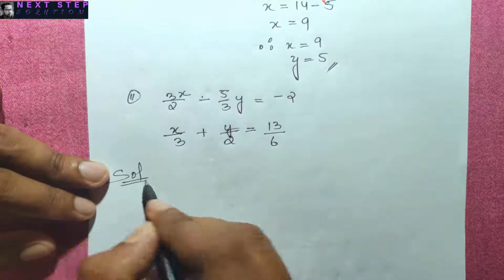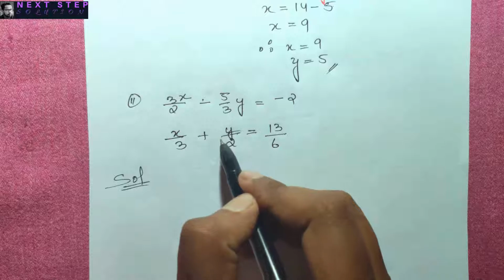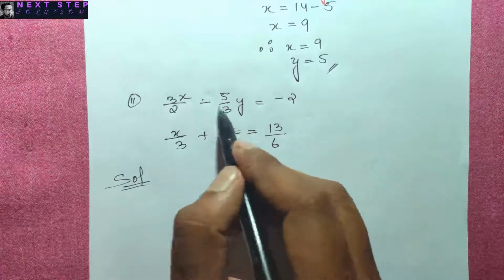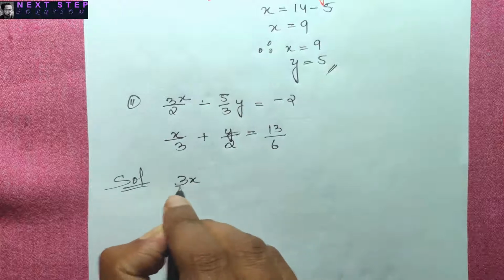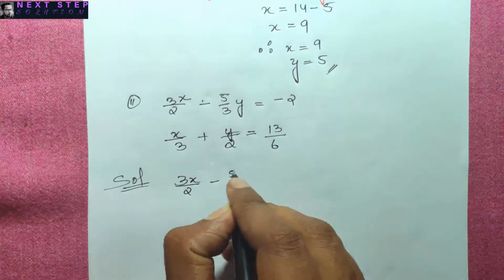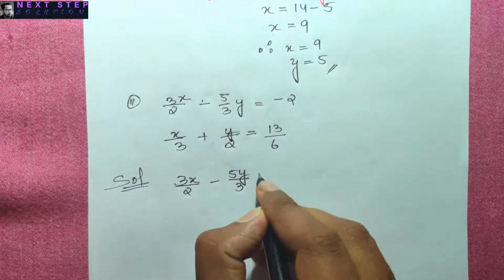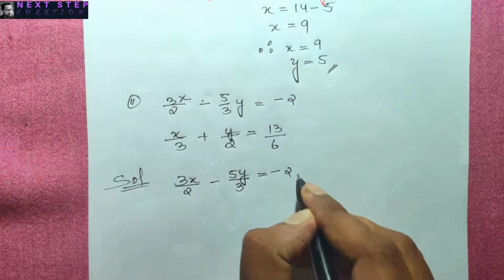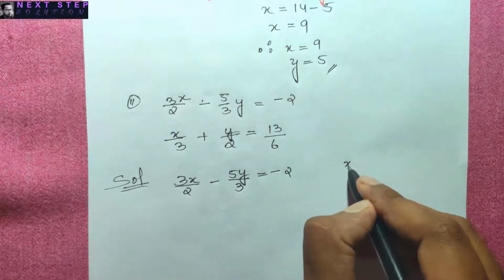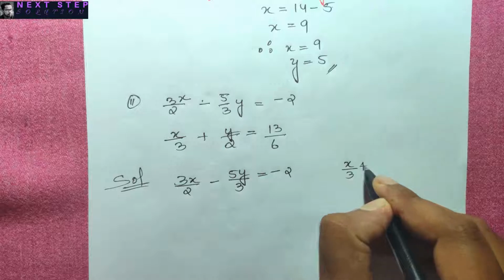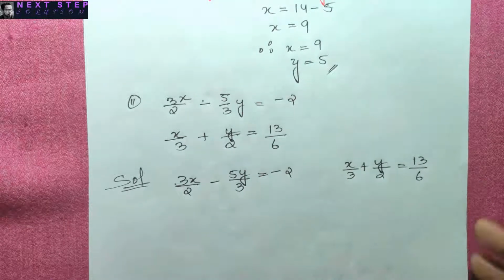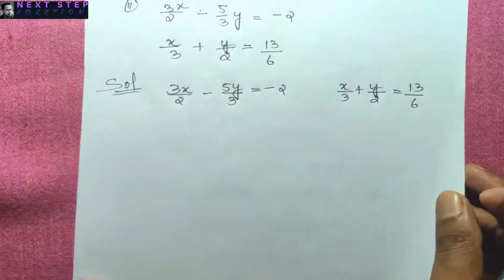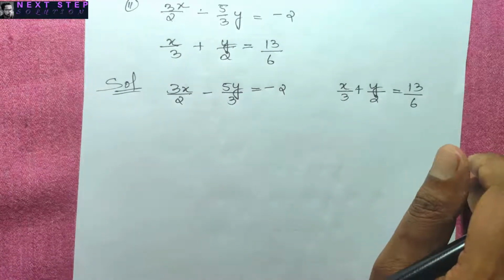Now to solve this, we can't directly name them as equation 1 and equation 2 because they are not simplified. We have to simplify this. So we have 3x by 2 minus 5y by 3 equals minus 2, and the other equation is x by 3 plus y by 2 equals 13 by 6. Now we will simplify both the equations and name them equation 1 and equation 2.